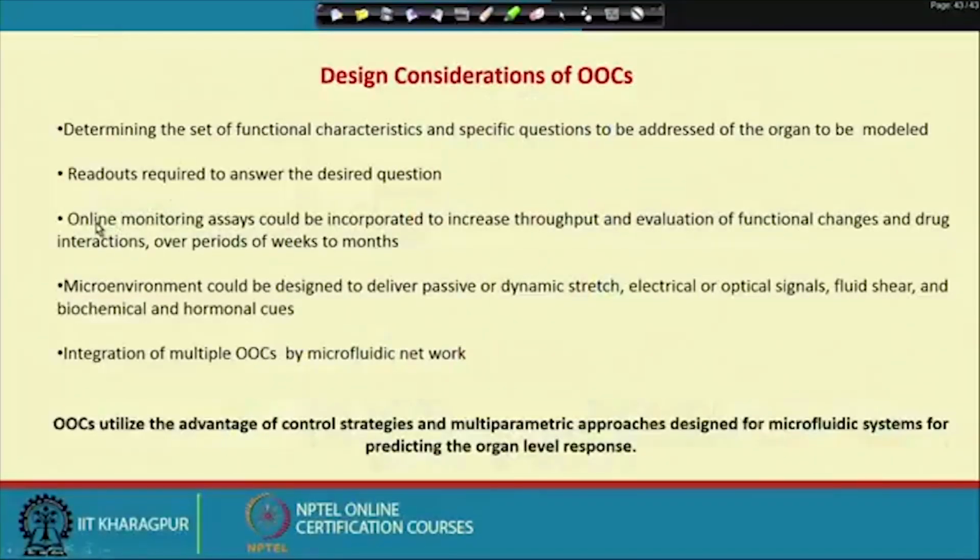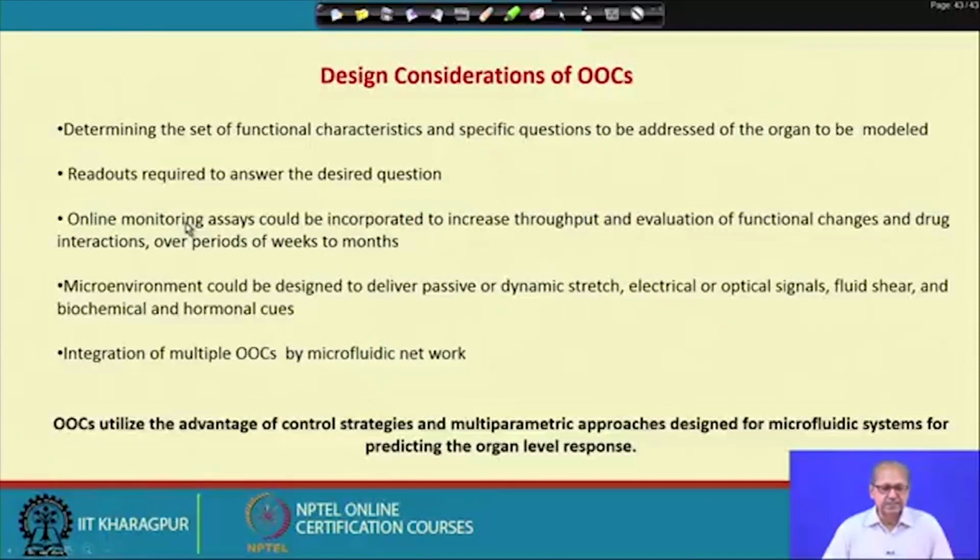Then most importantly, we should have an online monitoring system for long term culture, by which you can monitor non-invasively how the organ on chip behaves with respect to communication, cellular physiology, oxygen uptake, pH and so on.